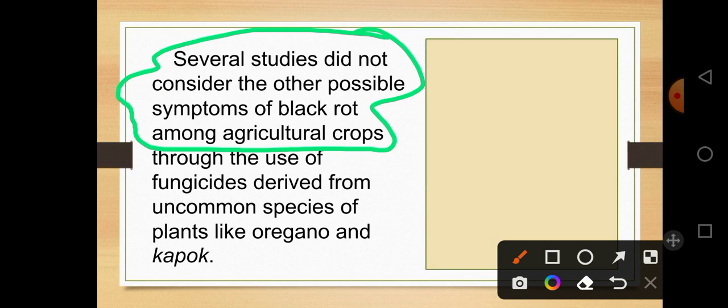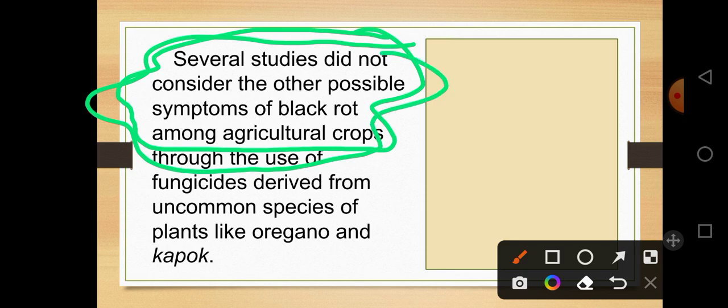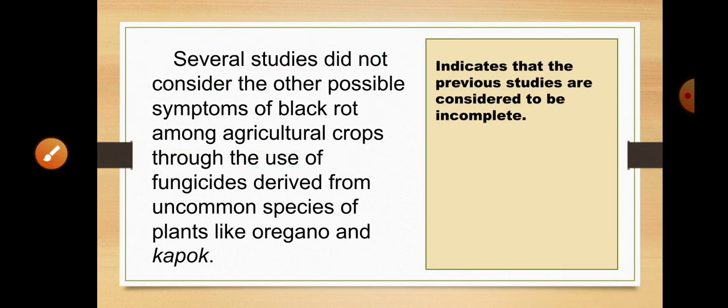And in this part, this statement actually indicated an evidence that the previous researches, which is indicated by several studies, do not sufficiently address the existing problem. So therefore, class, this part indicates that the previous studies are considered to be incomplete.